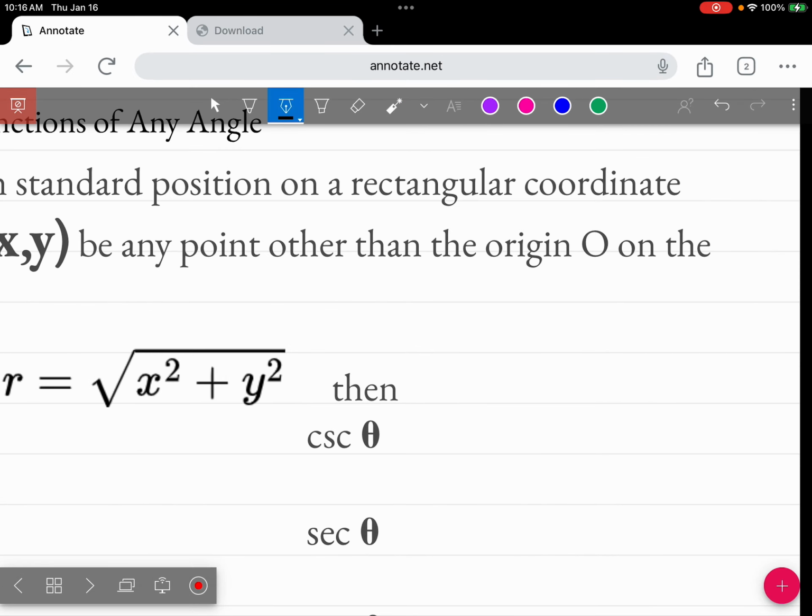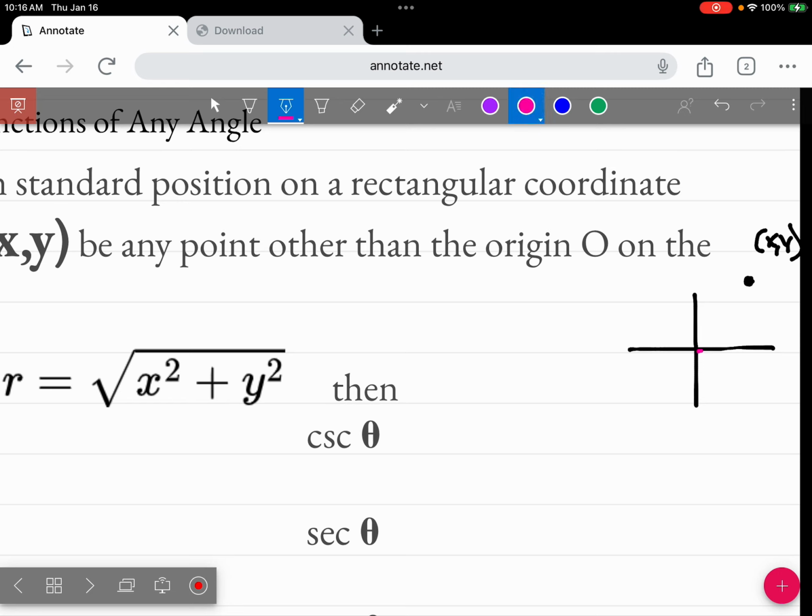So I'm going to put a little sketch over here. I don't know if it's going to be a size that we like, but we'll see. So if we're thinking about a point that we are given, something like (x, y), I know it's super tiny, and we're trying to find the trig functions for them.